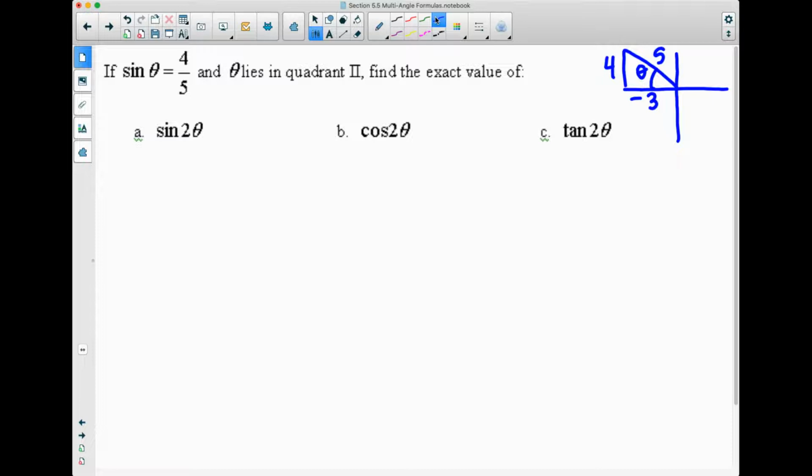Does anyone want to write up the first one? Part A. Show their formula and then their answer from there. Okay. And remember when you write on there to not put your hand on it.